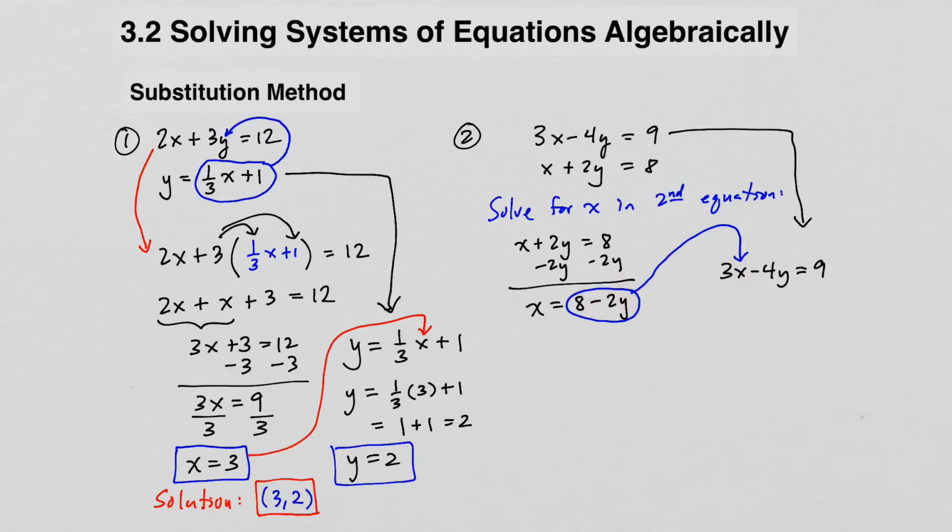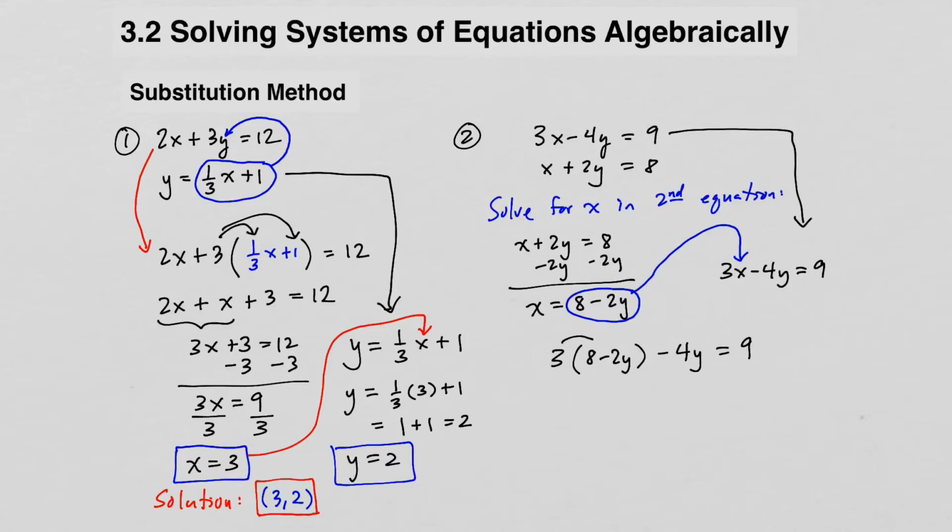So when we make that replacement, we get 3 times, and what is x equal to? 8 minus 2y, and then minus 4y equals 9. And so you can see that when we replace x with this expression, the resulting equation only has one variable in it, and that means that we can solve for that variable.